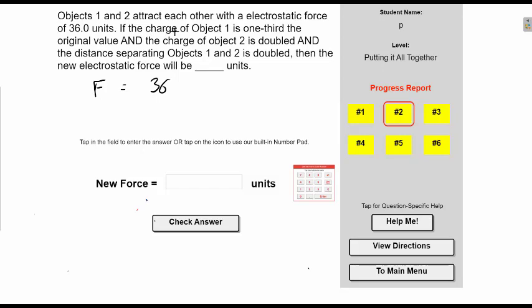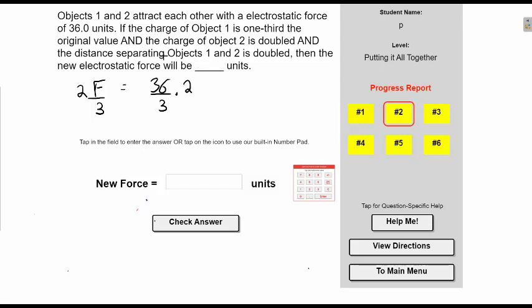If the charge of object 1 is changed to 1/3 its original value, I'm going to divide by 3. And the charge of object 2 is doubled, so I'm going to multiply this by 2.